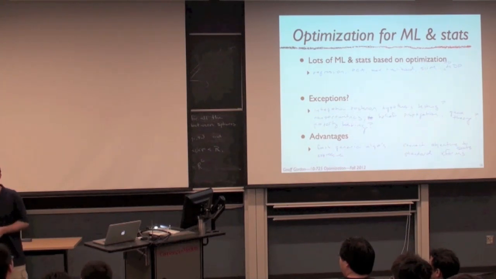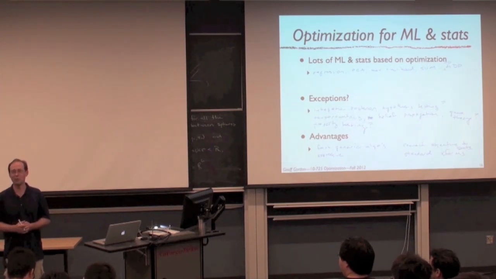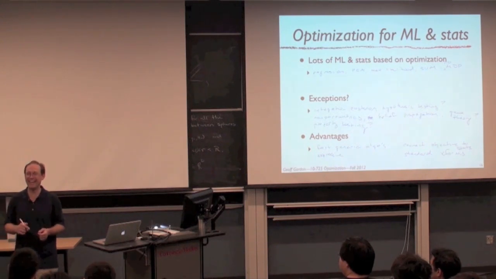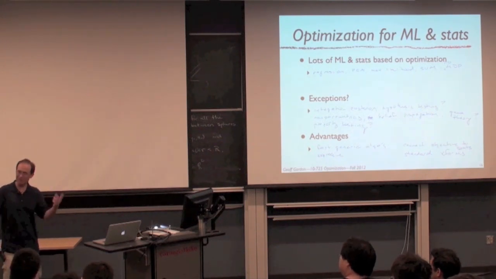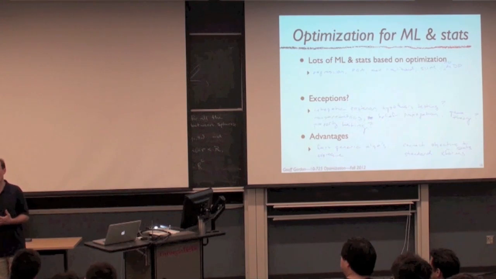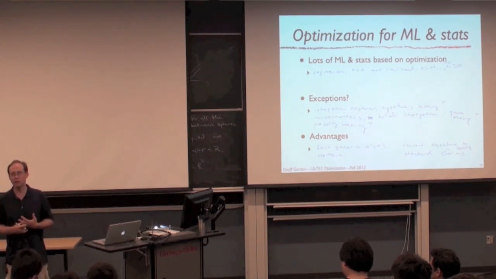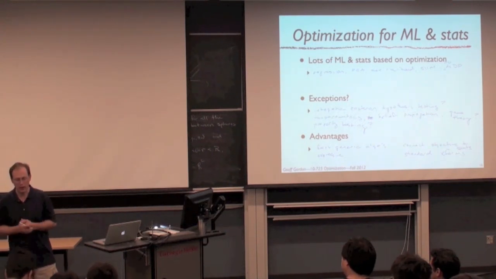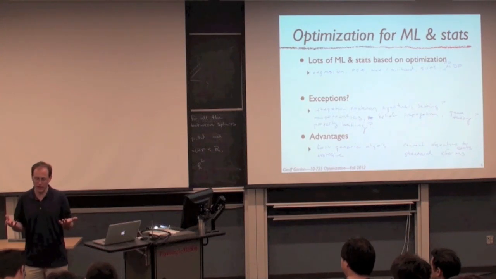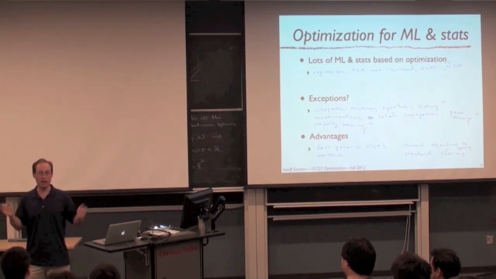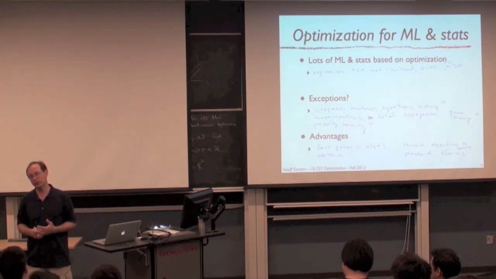Right. Well, the usual response is, do it differently then. But sometimes you're stuck, in which case you wind up needing to use a very generic optimization algorithm, in which case you won't necessarily get good performance.